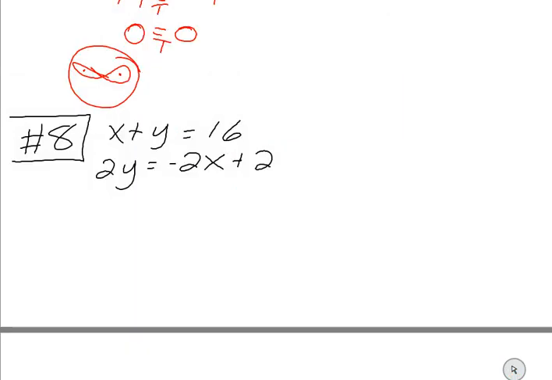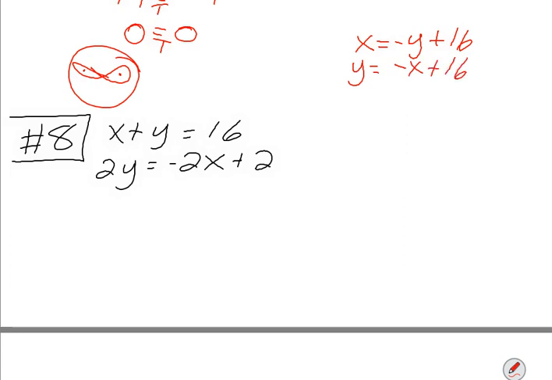Okay, on number 8, there are 3 ways we could start the problem. We can take a look at the top equation, and we could solve it for x, so that way we get x equals negative y plus 16. Or that top equation, you could solve for y, and you get y equals negative x plus 16.